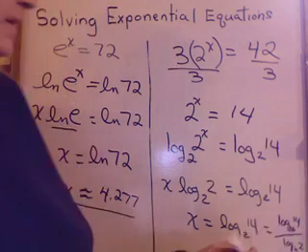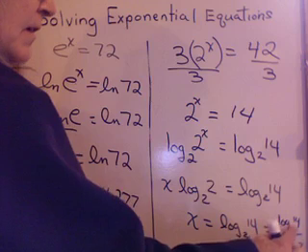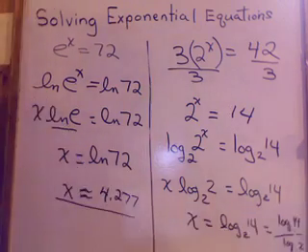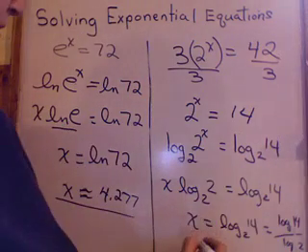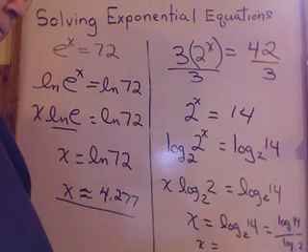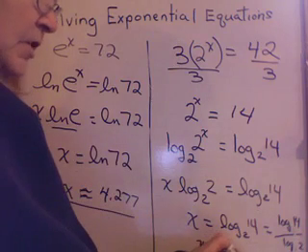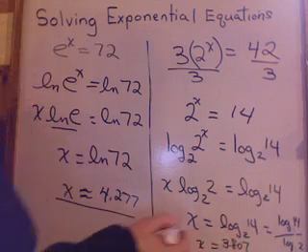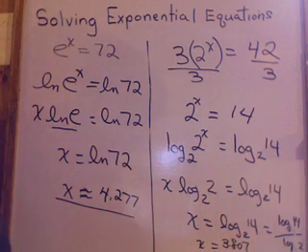And when I'm using log base 10, I really don't need to write the 10 because it's understood. So log 14 over log 2. You can do that on your calculator, and make sure you close the parentheses. You should get approximately 3.807. Make sure you test these on your calculator when you do them.